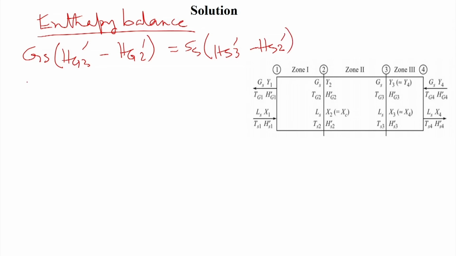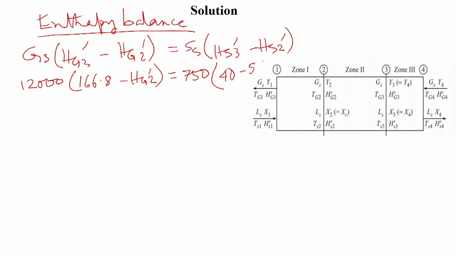That is, 12,000 into Hg3 prime, we have just calculated, 166.8 minus Hg2 prime, we do not know, is equal to 750 into Hs3 prime is 40 minus Hs2 prime is 52.97.